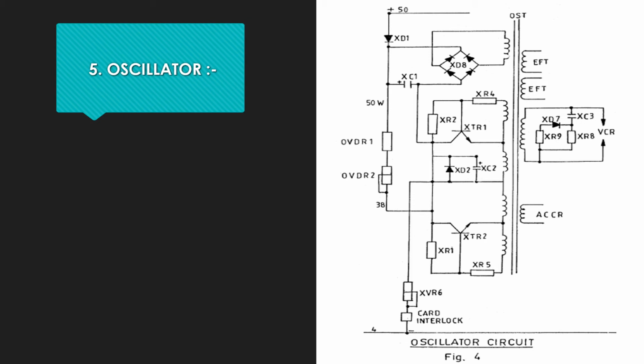The power supply consists of a saturating transformer alternately energized in opposite directions. Transistors which function as switches cause flux reversal in the transformer core. The oscillator changes DC input to a 400 Hz square wave output.